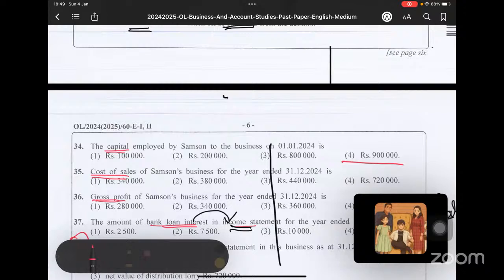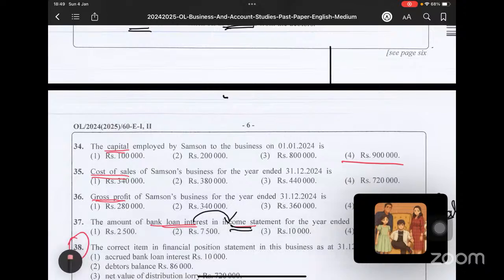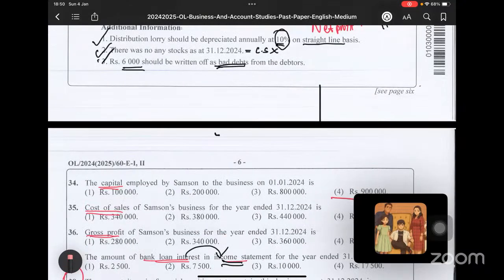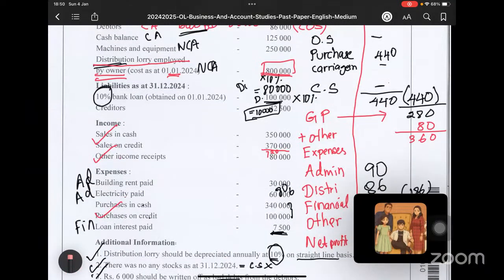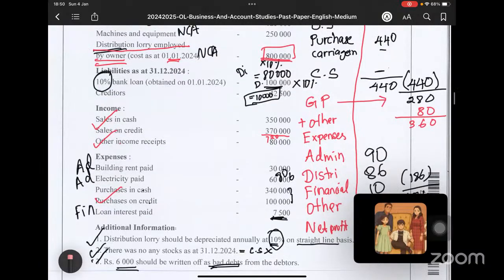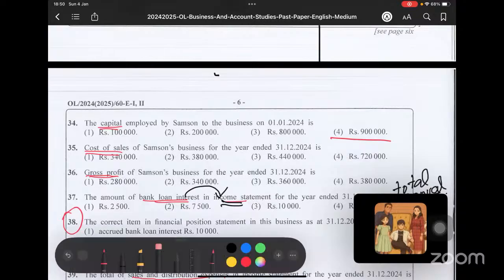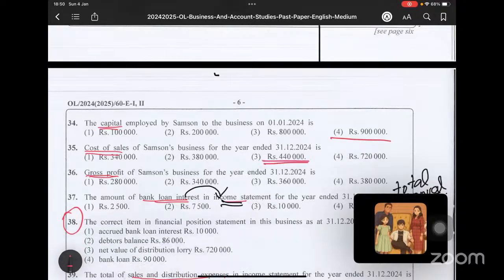Second question. Cost of sales of the Samsung business for the year ended 31st December 2024. So we have found that. What was the cost of sales? 440. The purchase amount will be the cost of sales. Is that the answer? Yes, 440. Gross profit of the Samsung business for the year ended 31st December 2024.